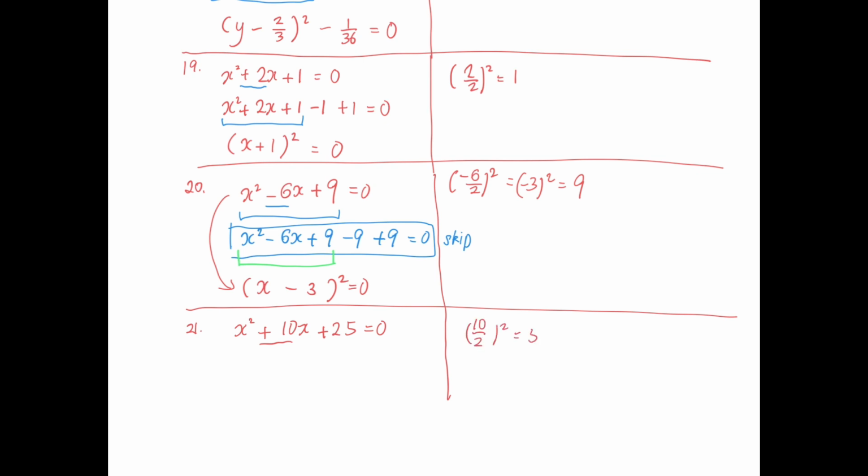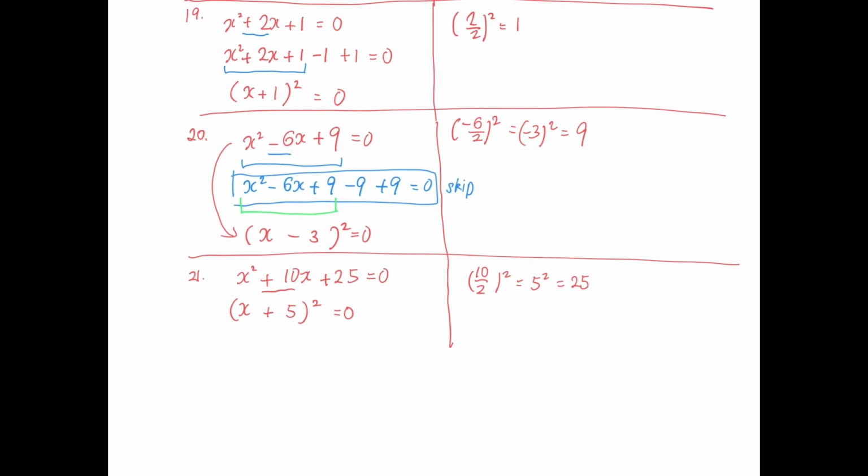So you get 5 squared, then you get 25. We already have 25, so this is already a perfect square. We can skip the steps in the middle just now and go straight to this, where you do x plus, just take the 10 and divide by 2, you get 5. x plus 5 squared equal to 0. And we have done 21.